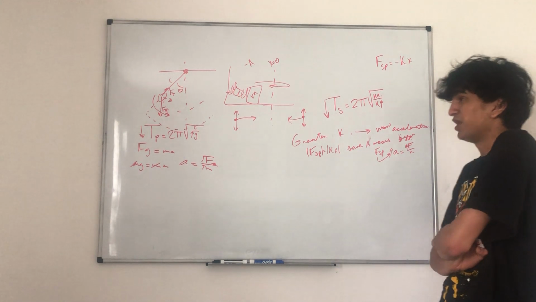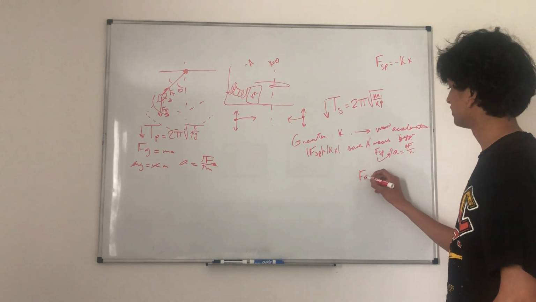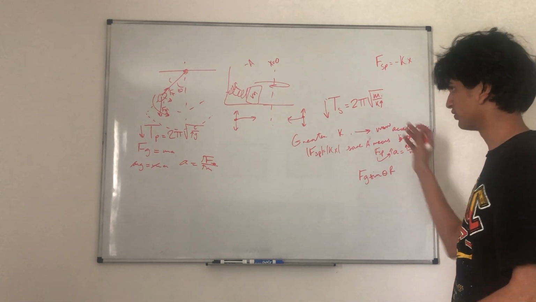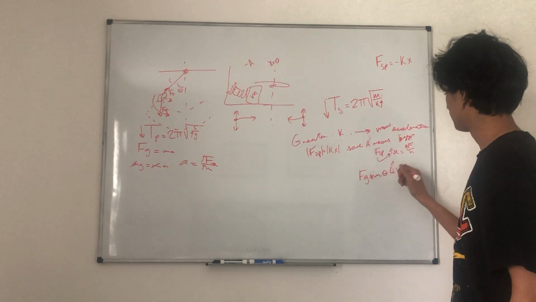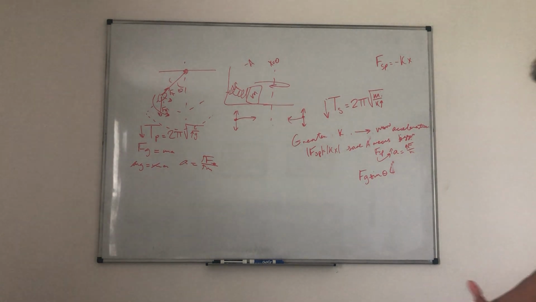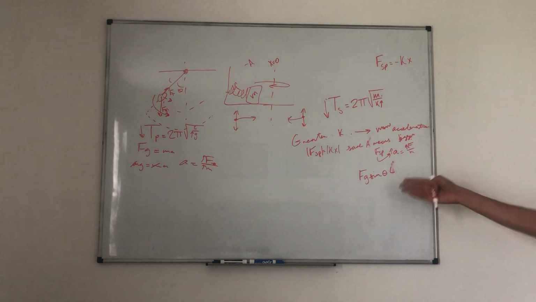But a pendulum doesn't actually have that, because the torque is Fg sine theta times L, and that's not proportional to theta, it's proportional to sine of theta.